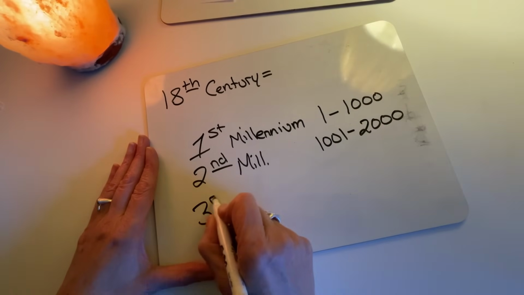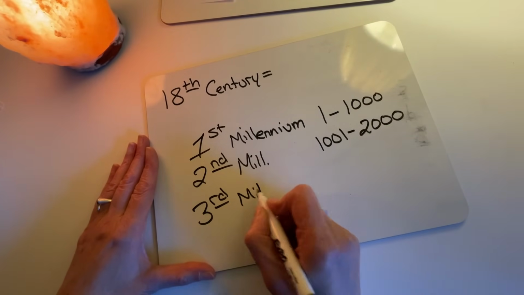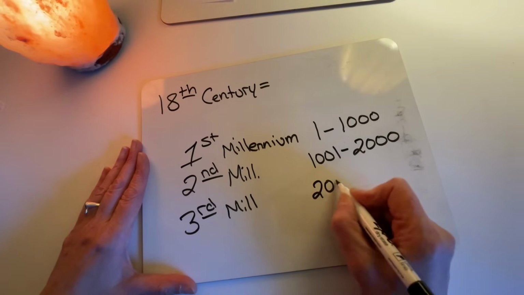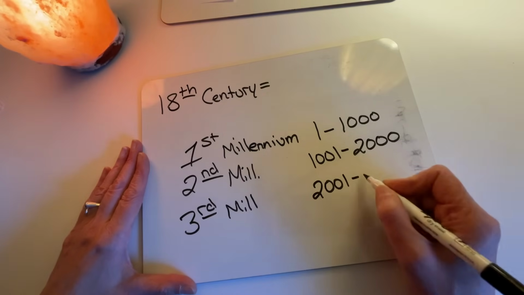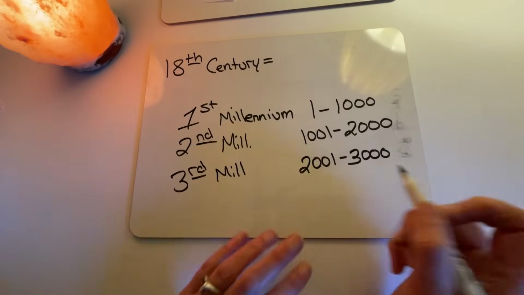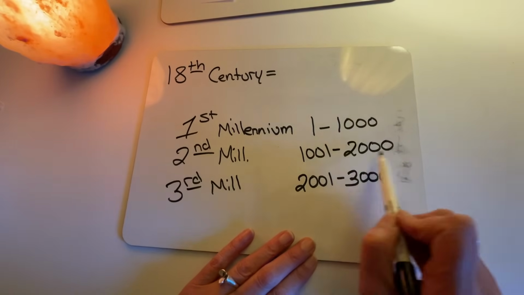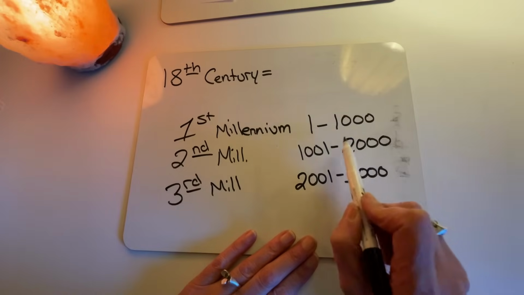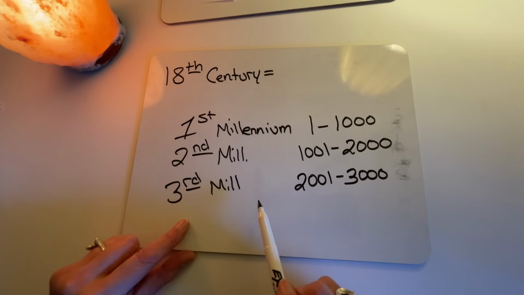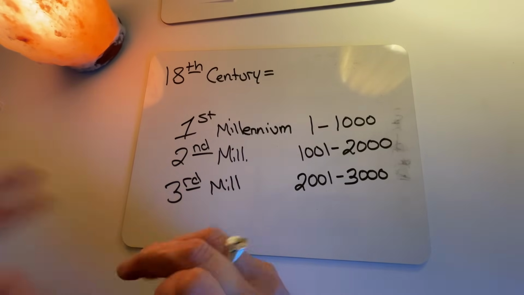And then, guess who's in the third millennium? We are. So we go from the year 2001 until the year 3000. So we were in the second millennium until we hit Y2K, and we switched over to 2000. Then we entered the third millennium. Okay, so that's the first thing. We are currently in the third millennium.